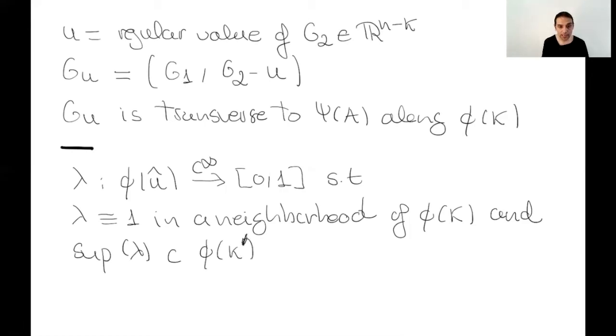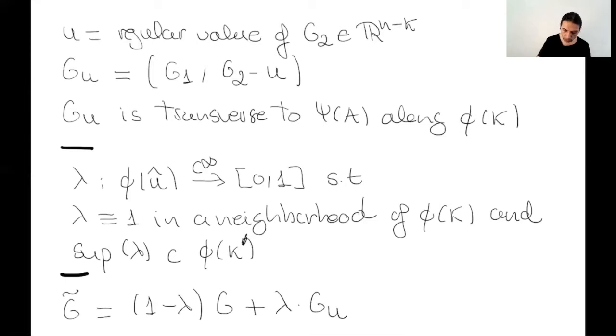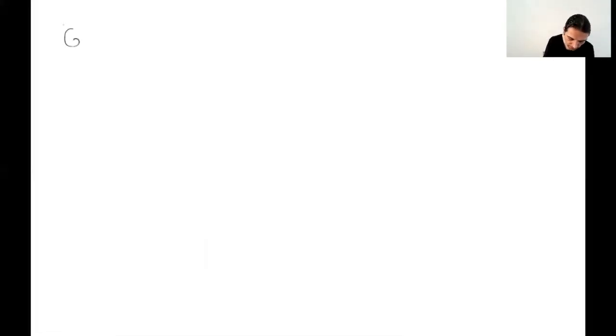And then what we can consider is a map capital G tilde, which is going to be just (1 minus lambda) times capital G, plus lambda times capital G_u. Okay? And the issue is that, let's write it down here again.